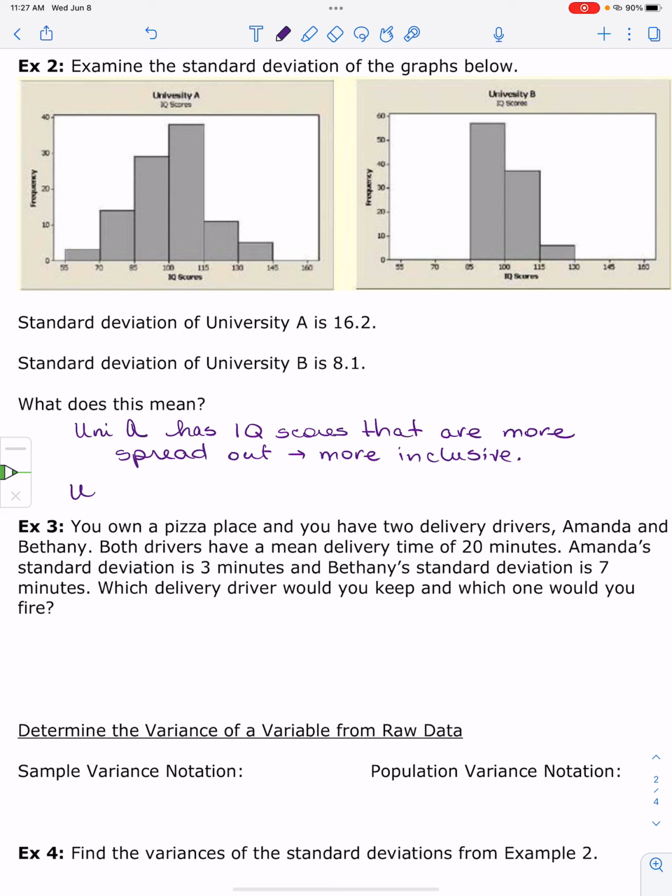Uni B has IQ scores that are closer together. And so more specific or selective?